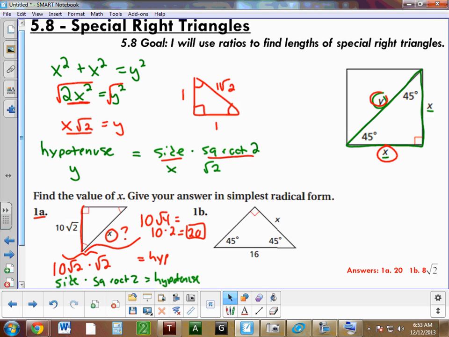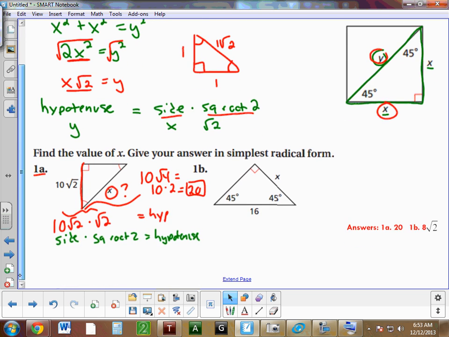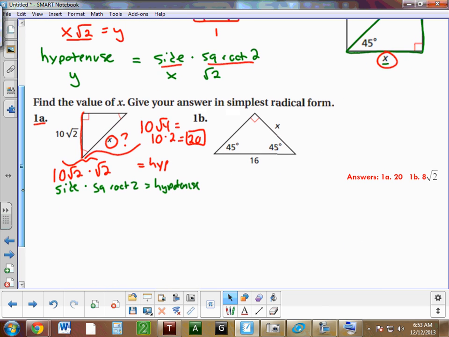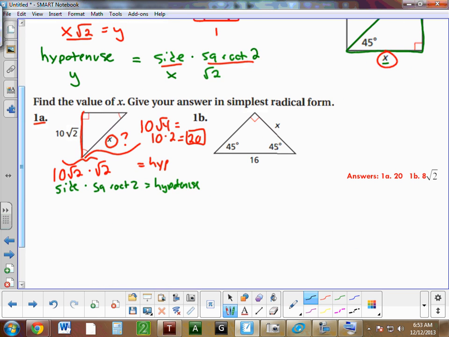So you could also have done that in a different way. I'll show you underneath. If this makes more sense to you, then you can do it this way. If you've got a 45, 45, 90 triangle, like the one that's up there, so you've got one that's 10 root 2, and you want to know what this is, just set up the other base one that I showed you up there that has 1, 1, and the square root of 2. I mean, if it's a 45, 45, 90, they should be similar.